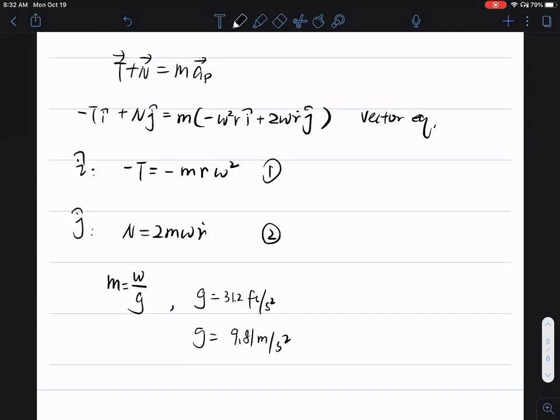All right, now we have two scalar equations. We can solve up to two unknowns. From the first scalar equation, we're able to find tension force T. T equals m times r omega square. If you plug in all the numbers, you should end up with about 2.91 pounds force.